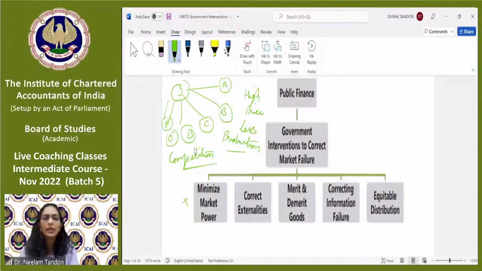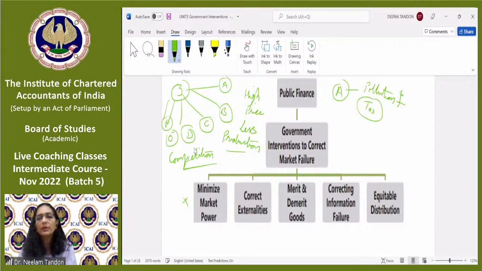Correct externalities. How can government correct externalities? If you are a firm which is emitting high pollution, so you are a high polluting firm, we'll tax you. So the pollution tax will be imposed by the government. If pollution tax is imposed, they'll fix a threshold limit. If you go beyond this limit, then you will be paying per additional level.